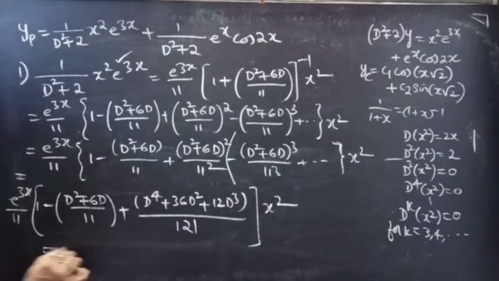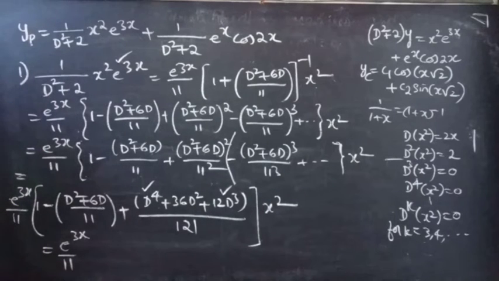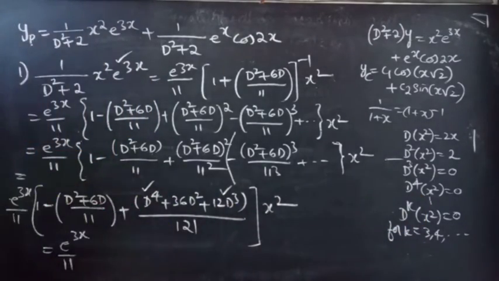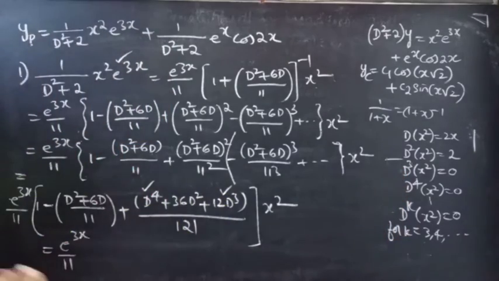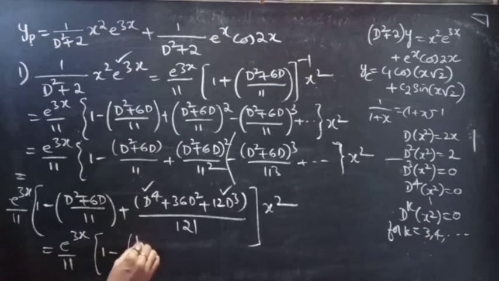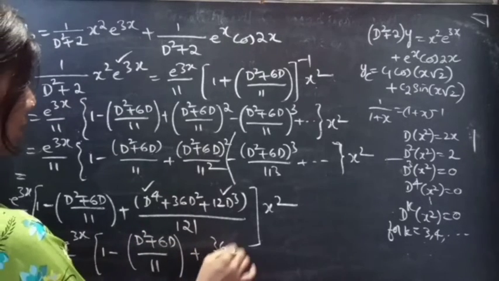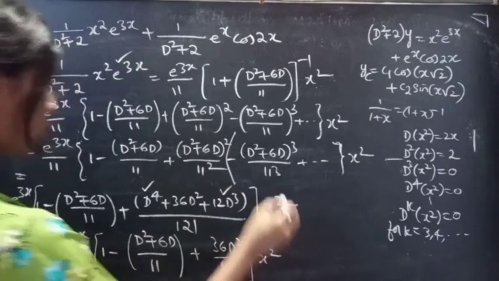Here we'll neglect d power 4 and d cube because d power 4 of x square is 0 and d cube of x square is 0, right? Higher derivatives from d cube, d power 4 of x square will be neglected. So here we'll get 1 minus (d square plus 6d) by 11 plus 36d square by 121 into x square.